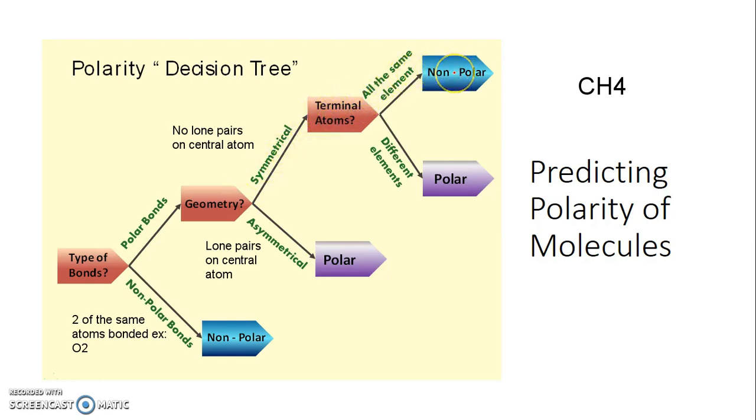So CH4 would be nonpolar, as opposed to NH3. NH3, we can assume that the bonds are polar because we don't have electronegativity values. There are lone pairs, which means that that molecule is going to be polar. So you can use this little decision tree to figure out whether a molecule will be polar or nonpolar.